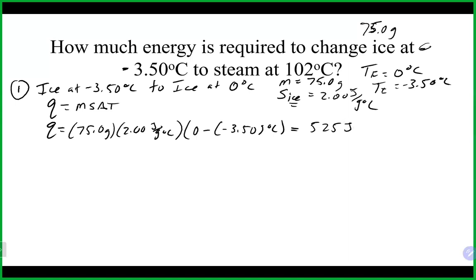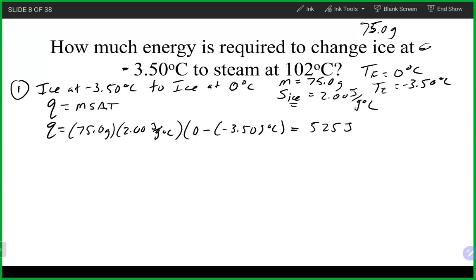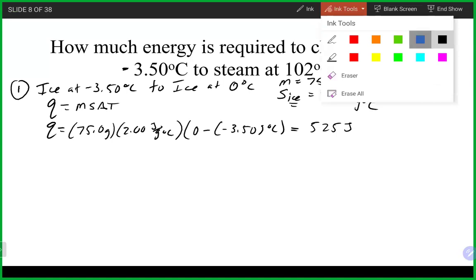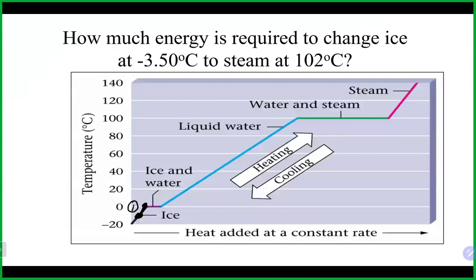Now, that is just the first step of this process. If we look at the picture here, it takes us right about here, sitting at 0 degrees Celsius. We need to take it from ice at 0 degrees Celsius to liquid water at 0 degrees Celsius.